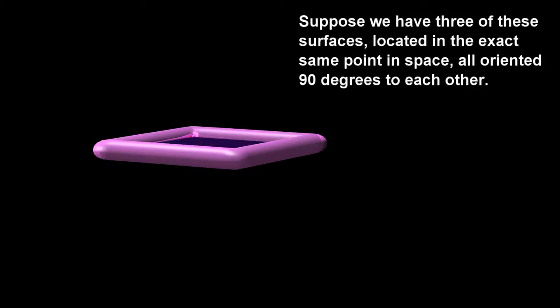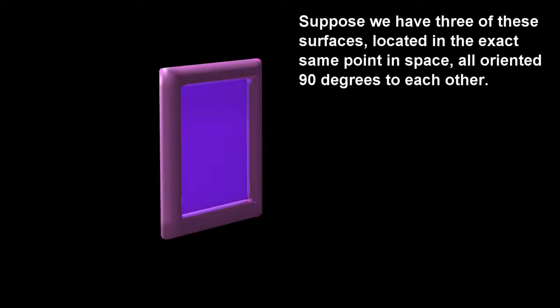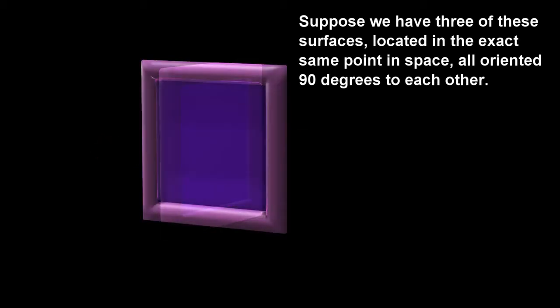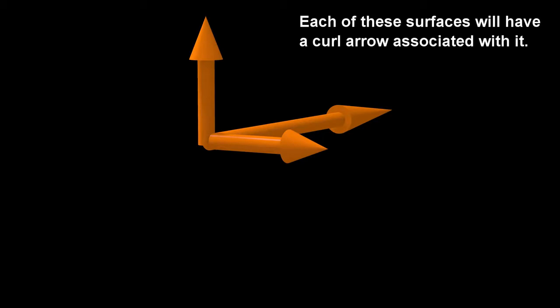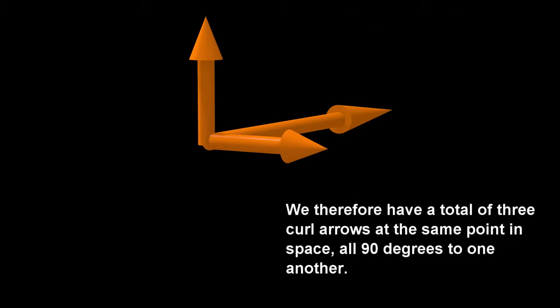Suppose we have 3 of these surfaces, located in the exact same point in space, all oriented 90 degrees to each other. Each of these surfaces will have a curl arrow associated with it. We therefore have a total of 3 curl arrows at the same point in space, all 90 degrees to one another.